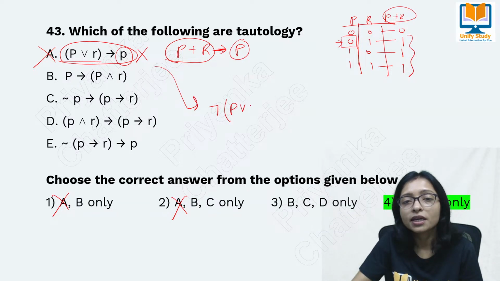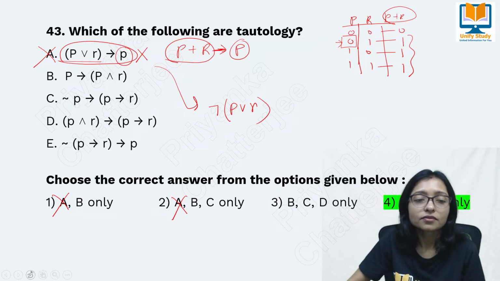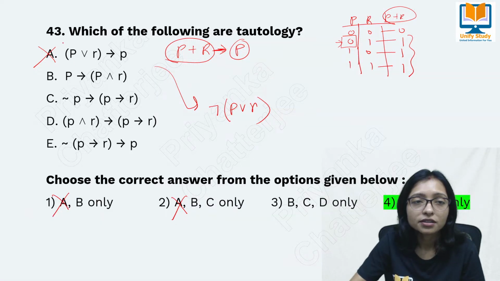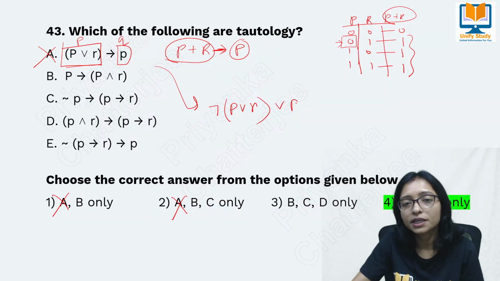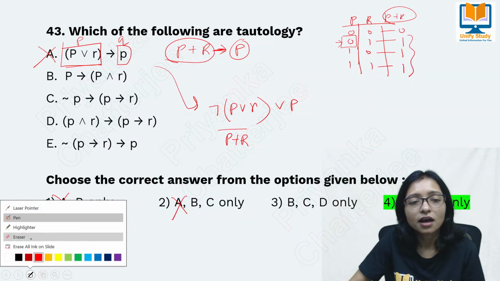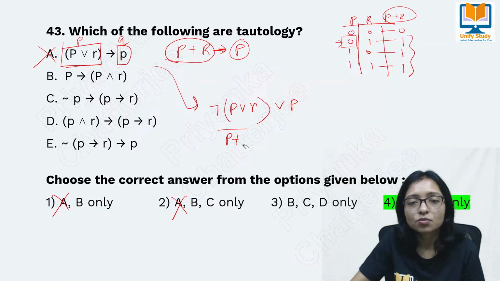Not P or R. You have to think of it as a total expression. This total you have to think as P, and this one you have to think as Q. So it is actually not P or Q, means it is not, and this is P. That means this is P plus R whole bar, P plus R whole bar, that is small r.